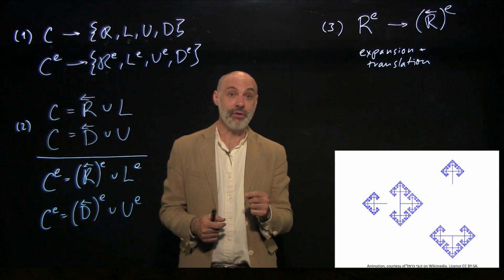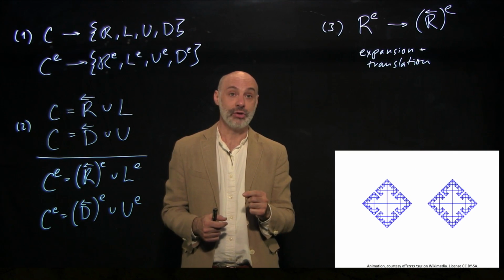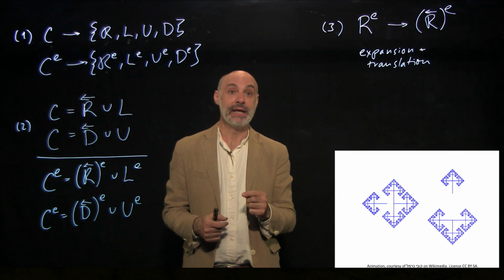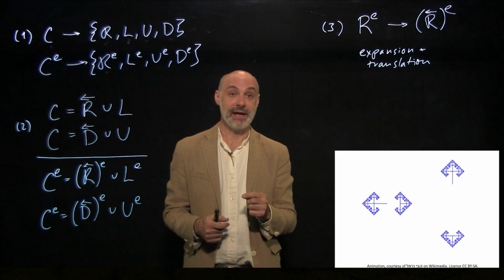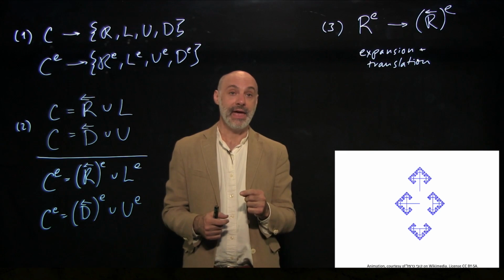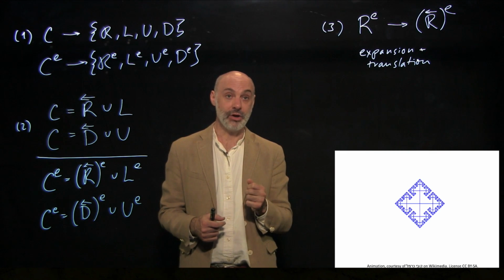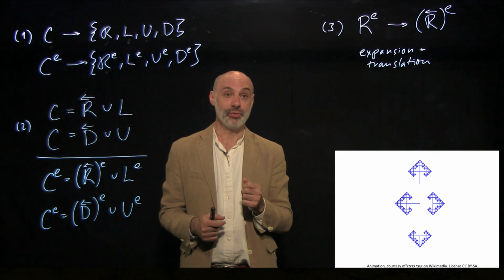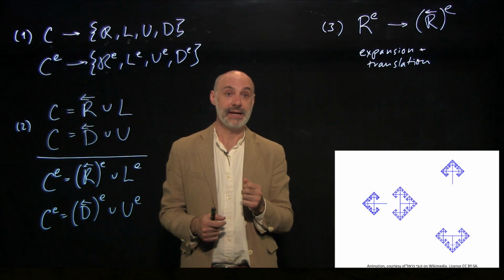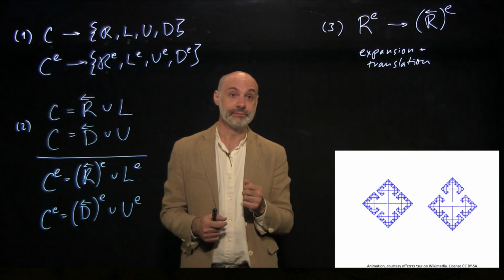So the figure on the right shows what happens when one translates and expands R, and the figure that's about to go to the right shows what happens when one translates and expands U.